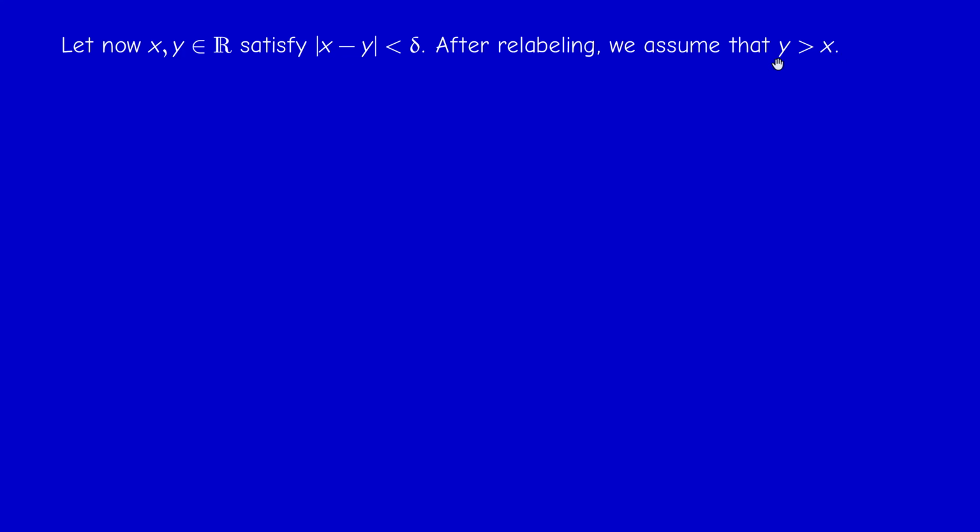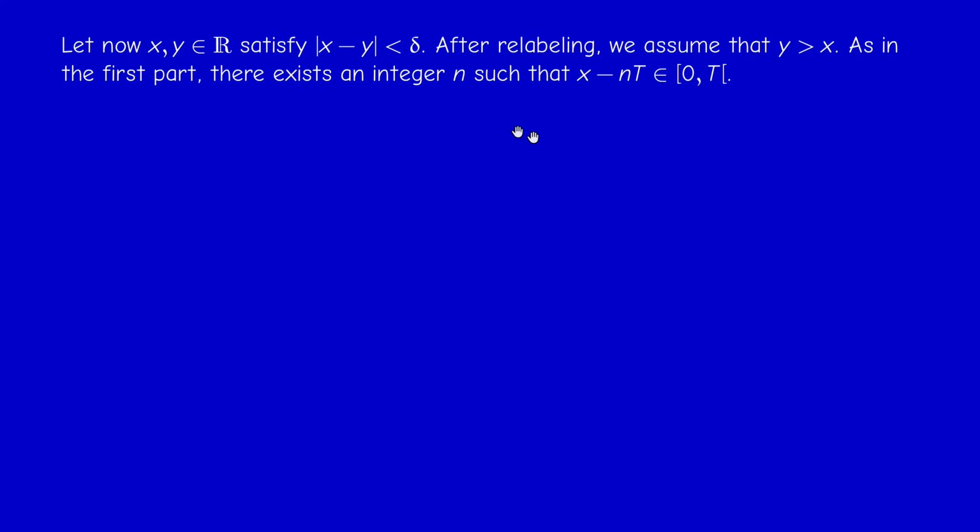So assume that x is less than y. So call x the smaller of the two numbers. Now, as in the first part, there exists an integer such that when I translate x by a multiple of t, I am in the interval [0, t]. So n is the floor function of x over t.